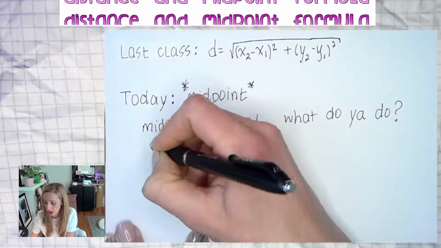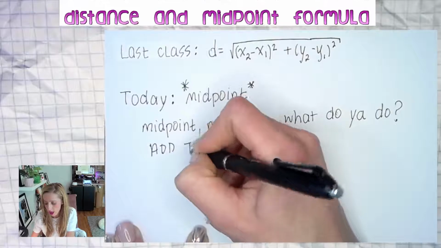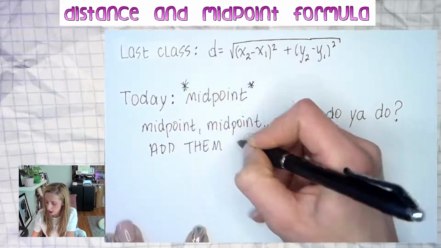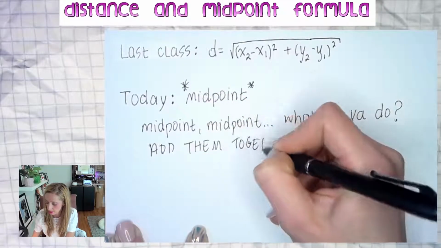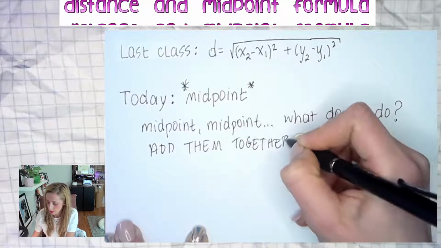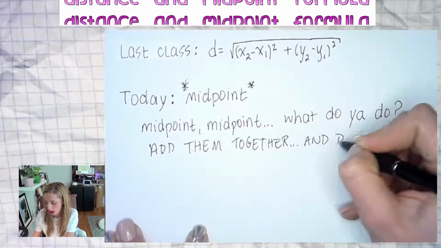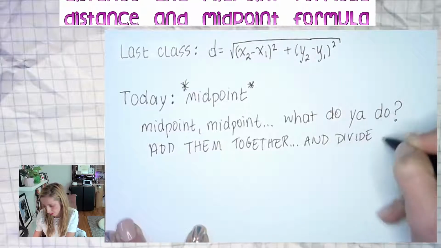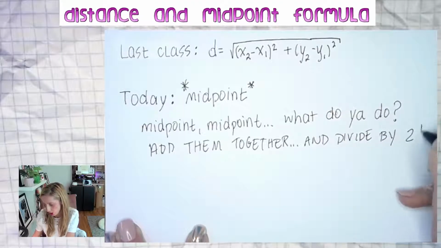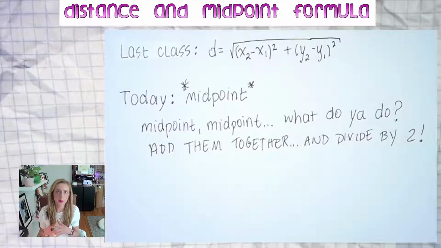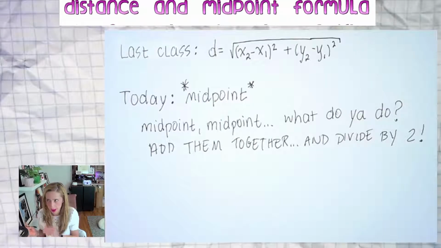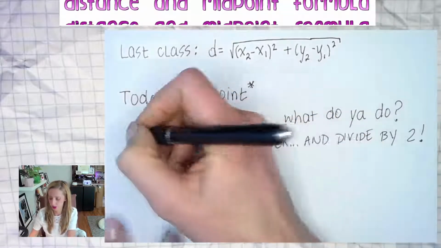Add them together, dot, dot, dot, and divide by 2. So a midpoint is basically the average.